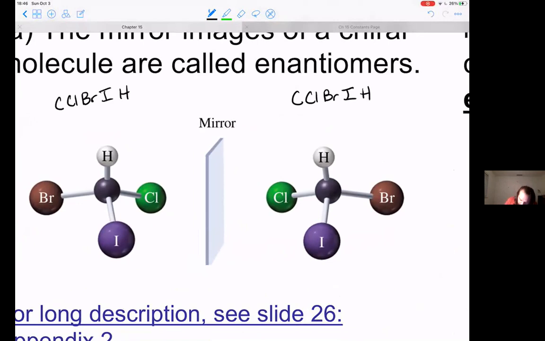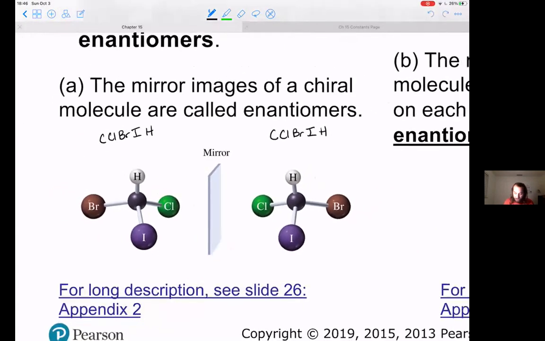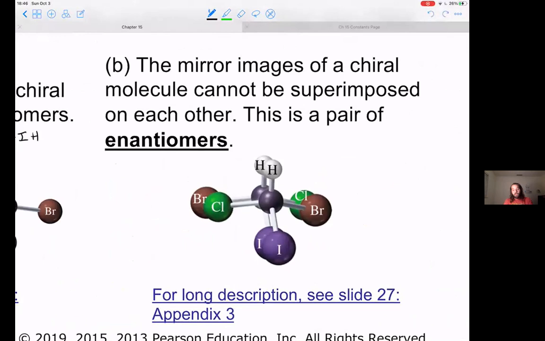So notice they put this mirror here, and you can see that the left-hand side is the mirror image of the right-hand side. But if you picked up these two molecules and tried to set them on top of one another, they would not superimpose, right? So if you lined up the hydrogens and you lined up the iodines, the chlorine and the bromines would not match.